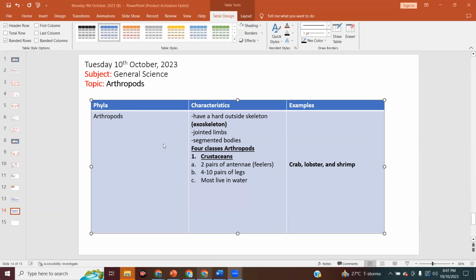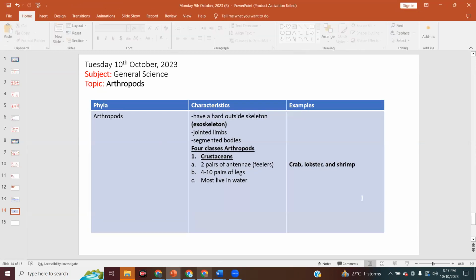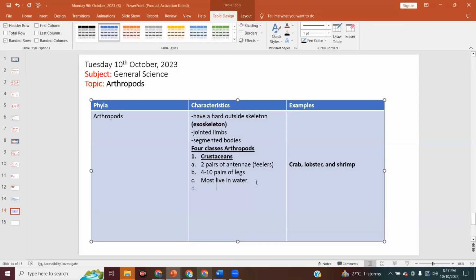Where's Shion? Can you all hear me? Rachel, give me an example of a crustacean. What about rock crab? I know you already said crab, but rock crab? Yeah, of course. So crab, lobster, and shrimp.